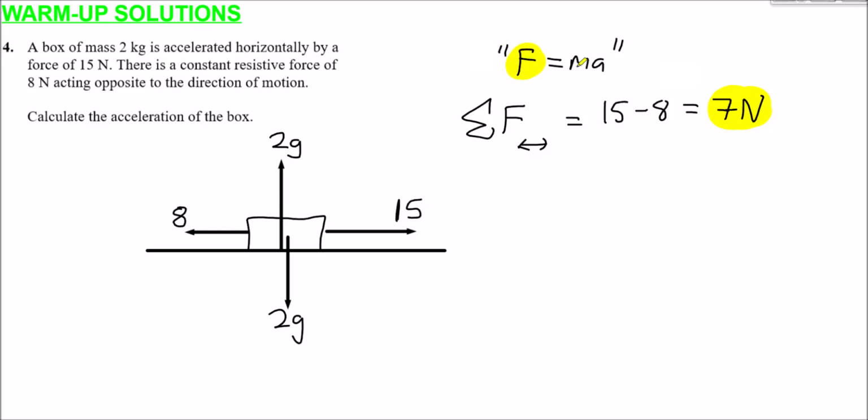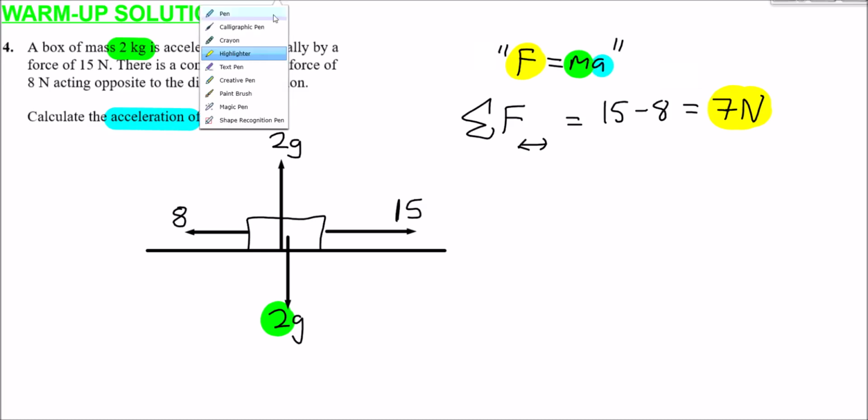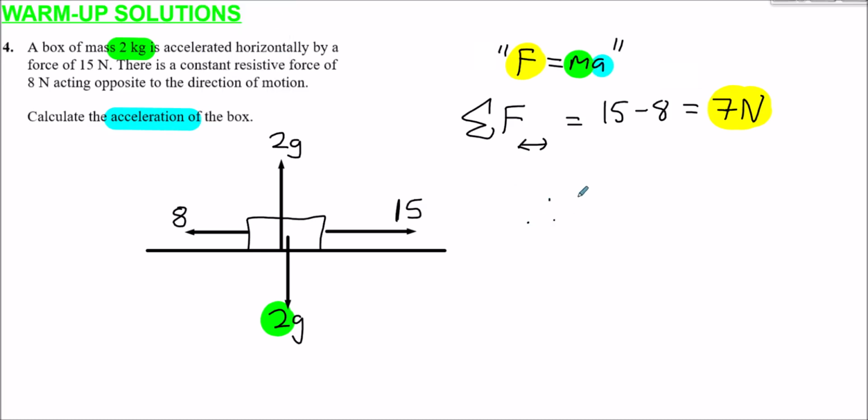We also know the mass of this object, it's 2 kilograms. Therefore, we can apply F equals ma, rearrange this to find the acceleration a. So we can say 7 equals 2a. So a is 7 divided by 2, which gives us 3.5 meters per second squared.